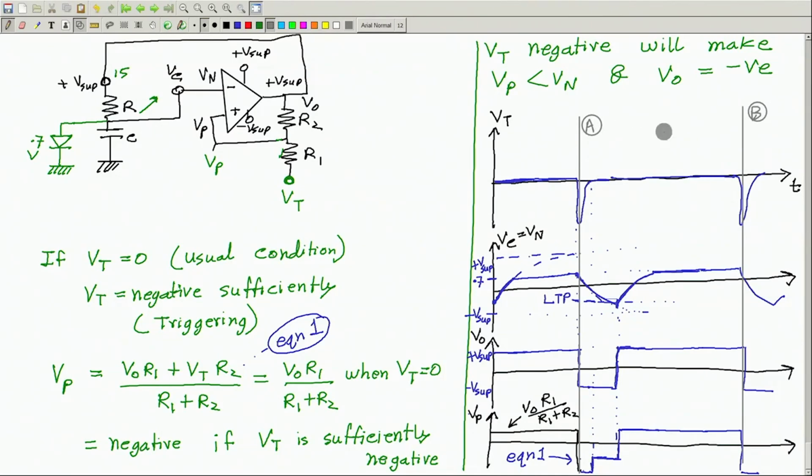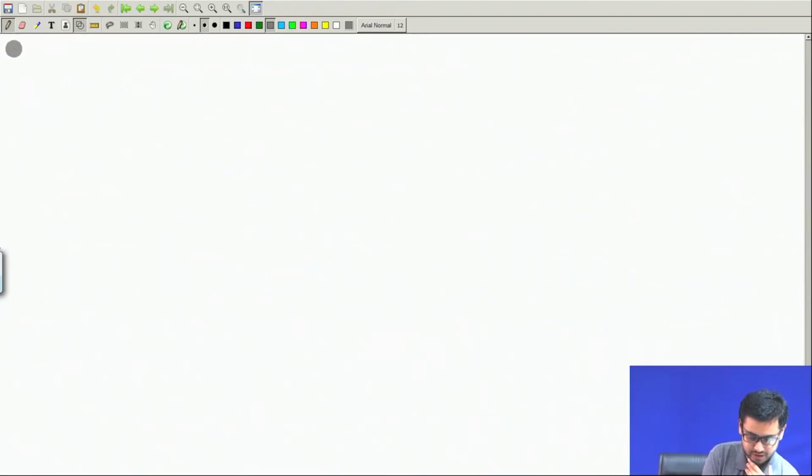Great. Now, if you have understood this, let us ask some interesting questions. So question number one. I think the most important question you might be thinking of is what this is useful for.